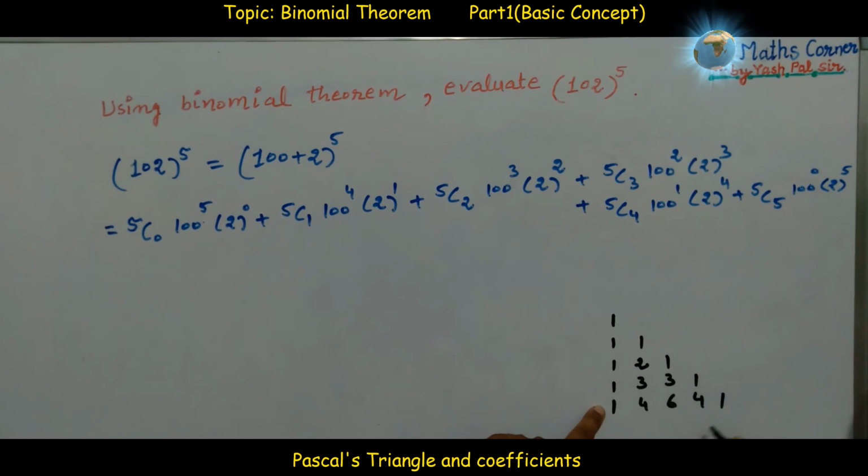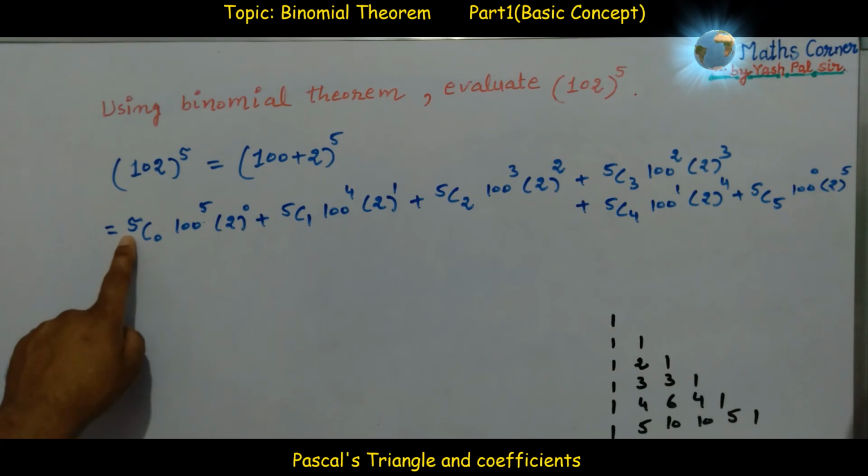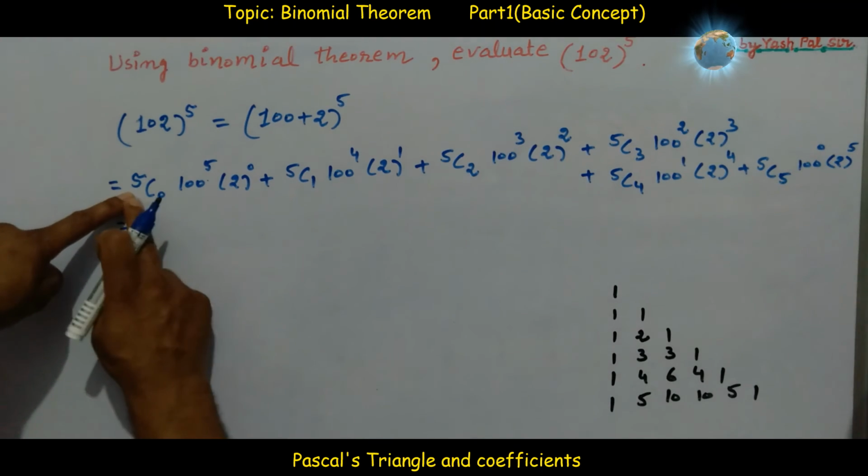For the next one, the index is 4 here. Now 1 again, 1 plus 4 is 5, 4 plus 6 is 10, 6 plus 4 is 10, 4 plus 1 is 5, and last is 1. So the value of 5C0 is 1.